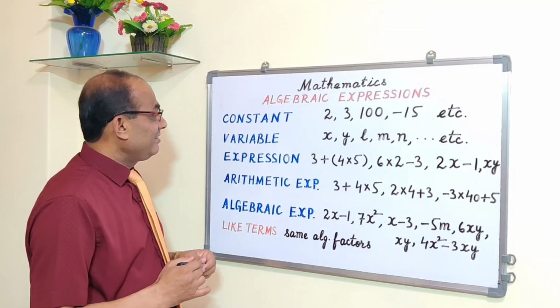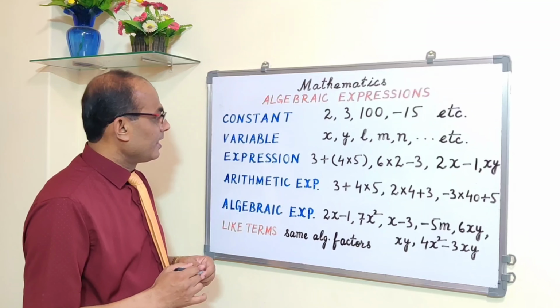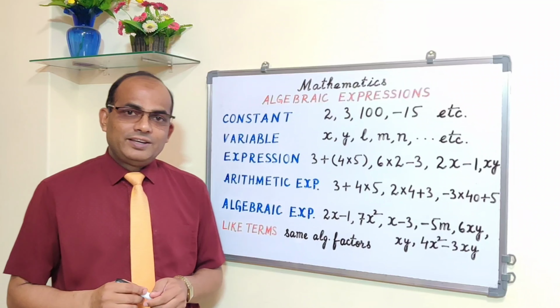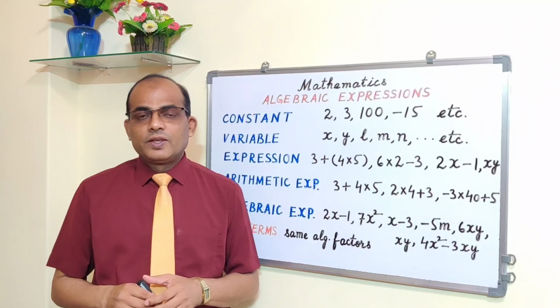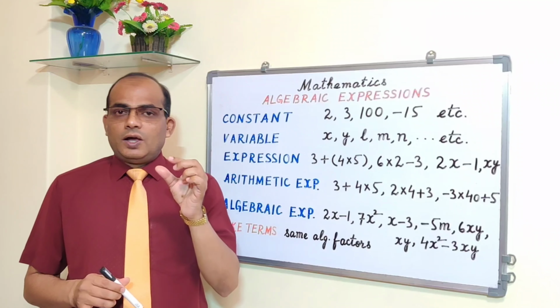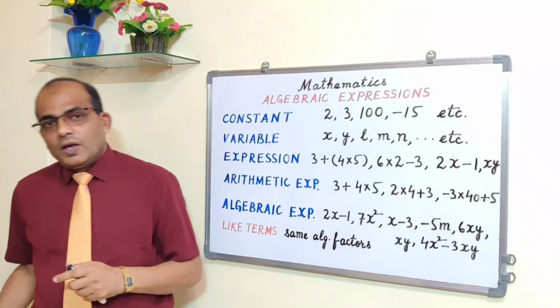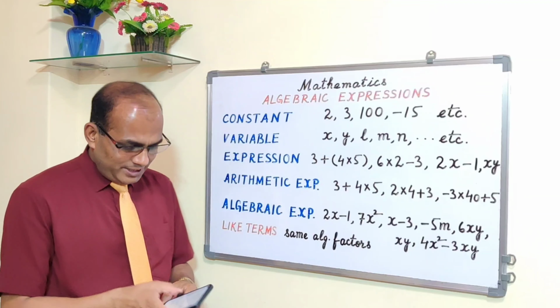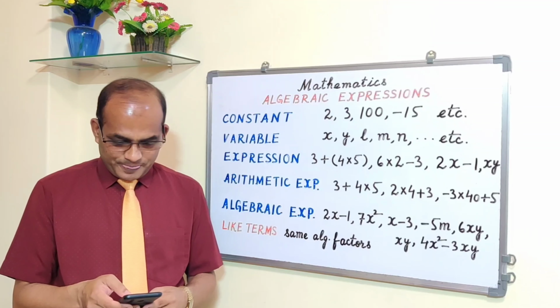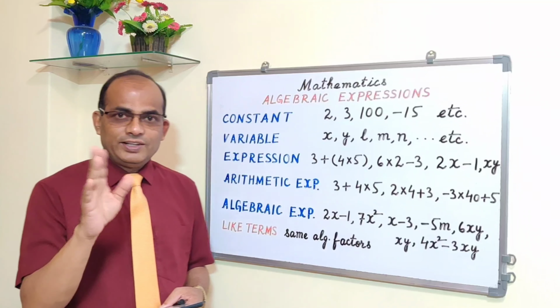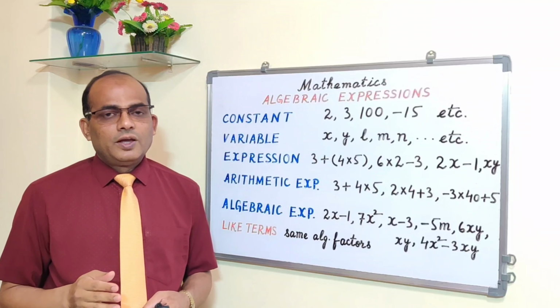Now the next is the expression. What is an expression? An expression in mathematics is a mathematical statement involving at least two components. Once again, listen, you may note down.